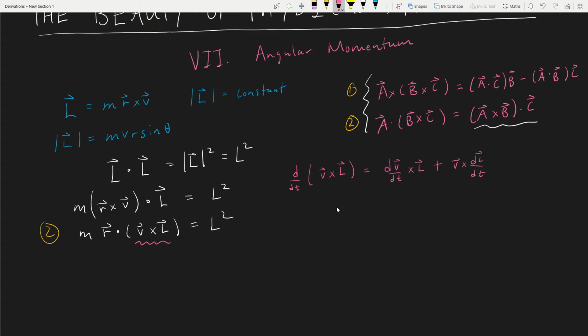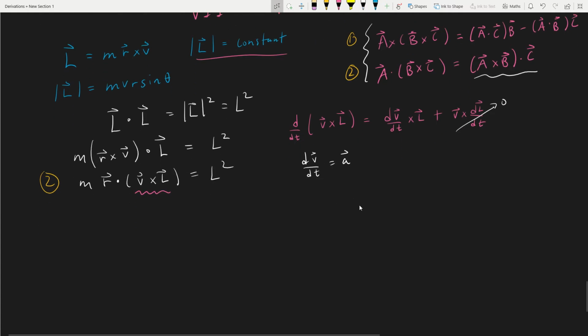Now I told you that L was a constant. So what do you know about dL by dt? It's 0. And dv by dt in vector form is just the acceleration. So we're moving in a direction here.